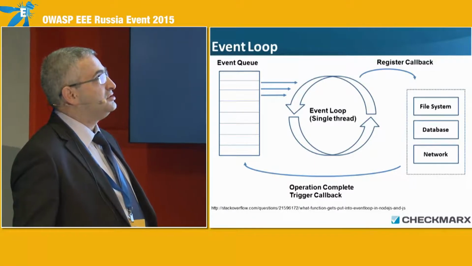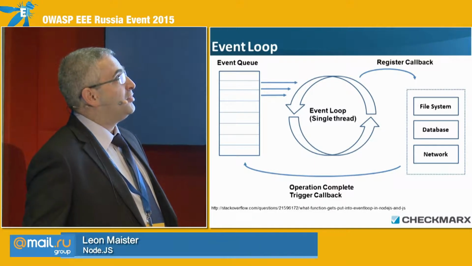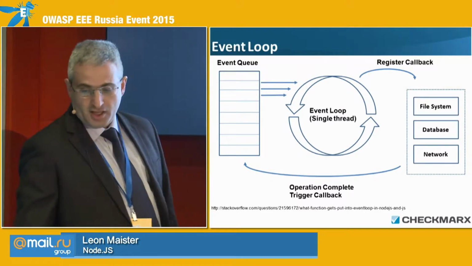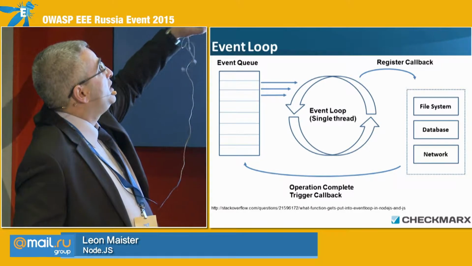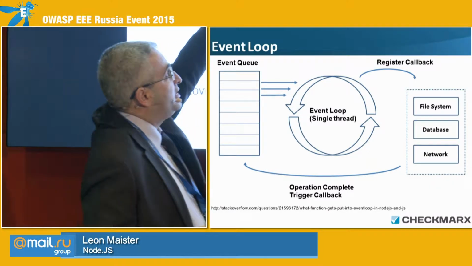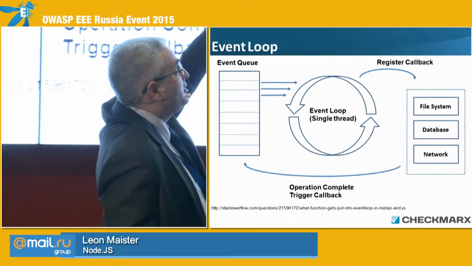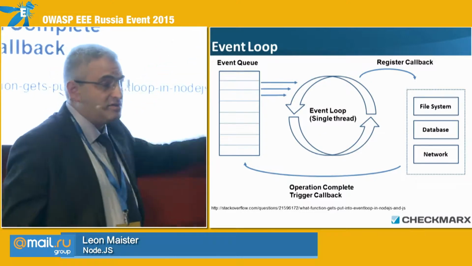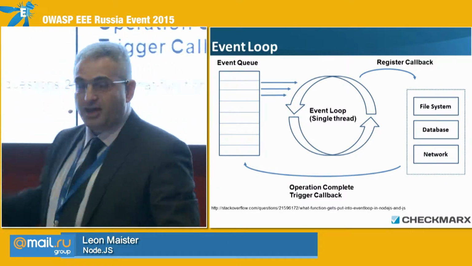Node.js is a single-thread application infrastructure that is driven by an event loop, and each event comes to the event queue and is handled by the event loop one by one. In case an event received in the queue should be taken care of by the file system, database, or network, it's moved there and handled by it.